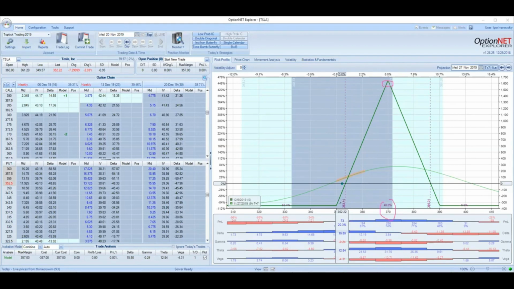So we are long 350, and if Tesla's going higher, the 350, 370 debit spread is going to increase in value. And then if this move is happening rather slowly, the slower it moves, the more this credit spread here at 370, 390 is going to lose value.